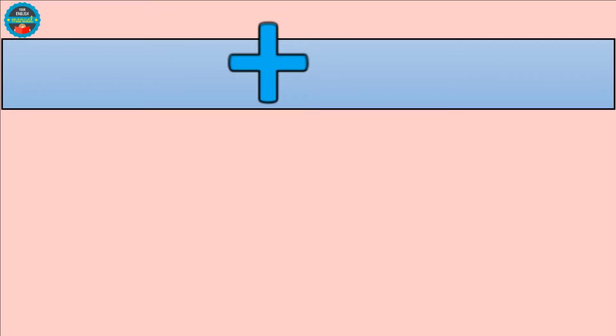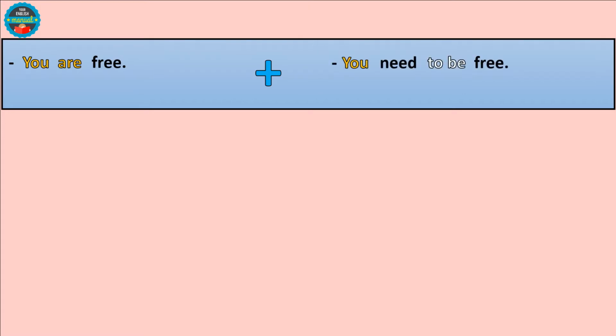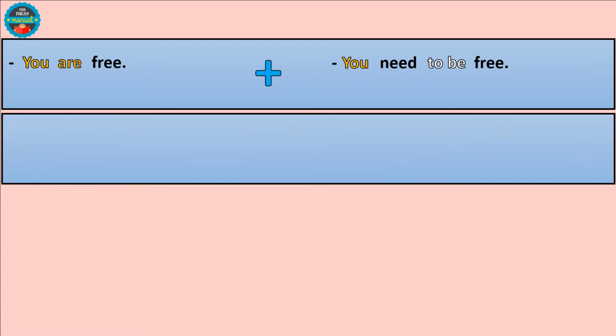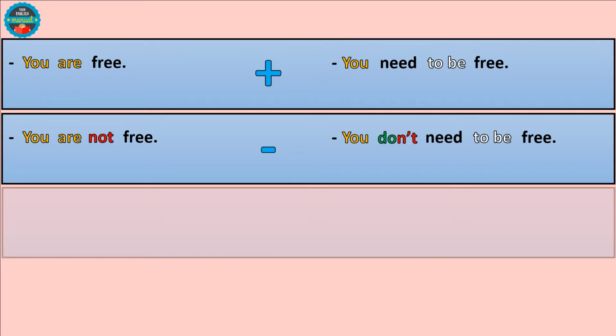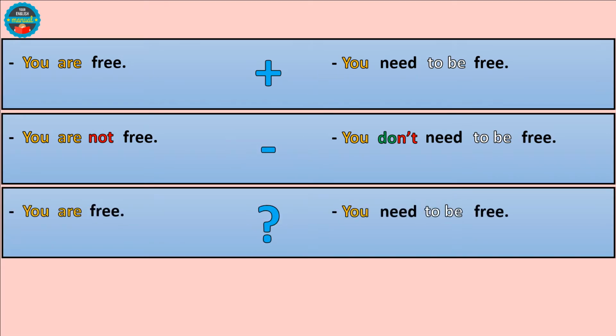Another example. You are free, and you need to be free. The negatives are: you are not free, and you don't need to be free. The interrogatives are: are you free?